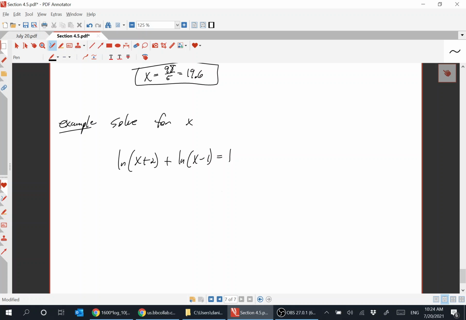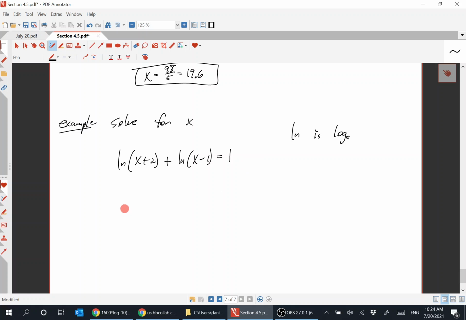Okay, so remember natural log is log base e. So you want to apply the exponential function to both sides of the equation. Let me show you a couple different ways you can solve this one.